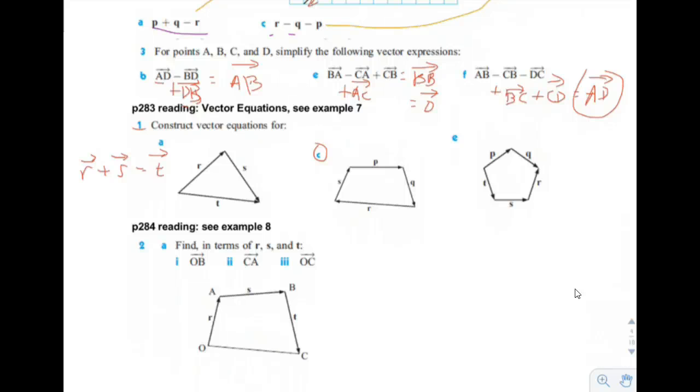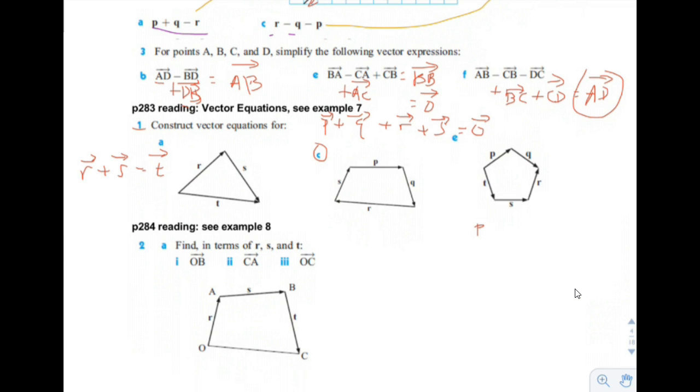These just kind of go in a circle, don't they? We could say P plus Q plus R plus S equals the zero vector, because it just comes back to where it started.